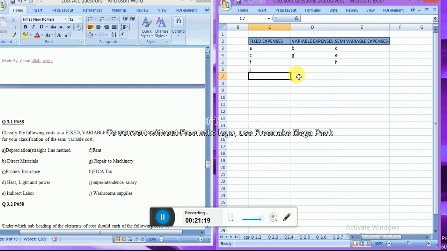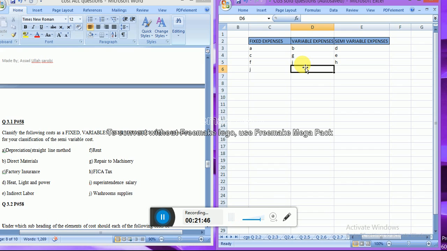So the cost of washroom supplies is a variable cost. It is not a fixed cost, neither is it semi-variable. So these are fully variable, so we put these in the category of variable cost.